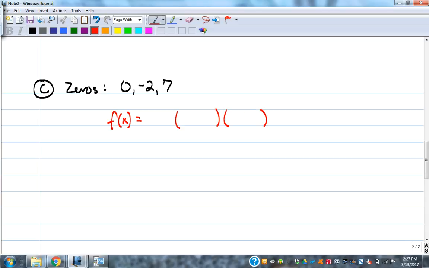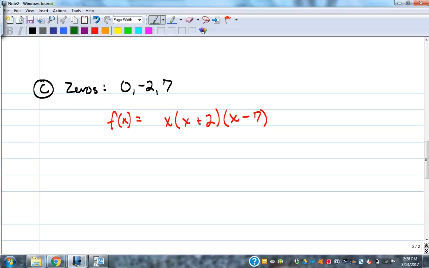What's the factor that goes with x is 0? Just plain old x. And then x plus 2 for the -2 and x minus 7 for that.